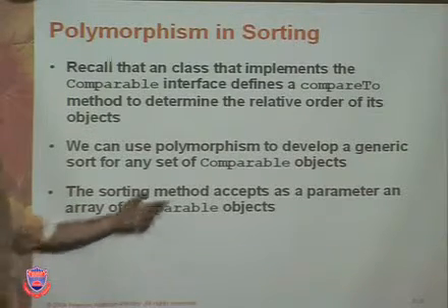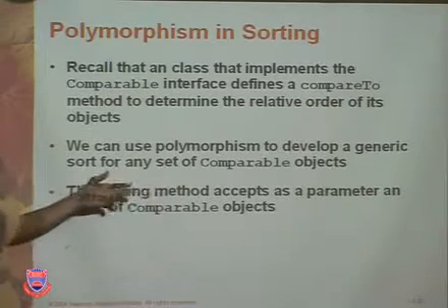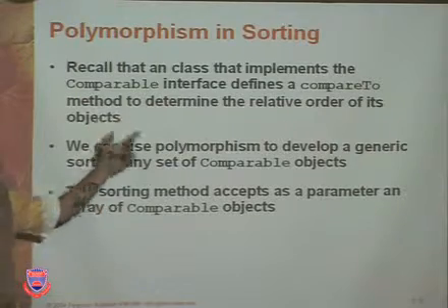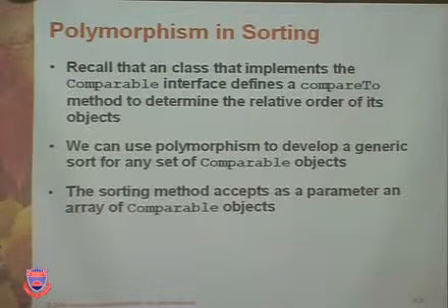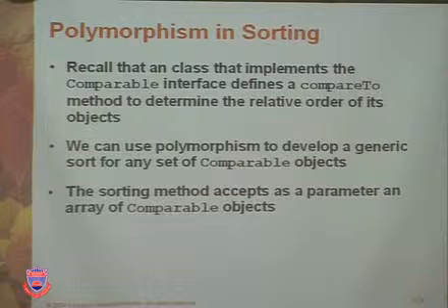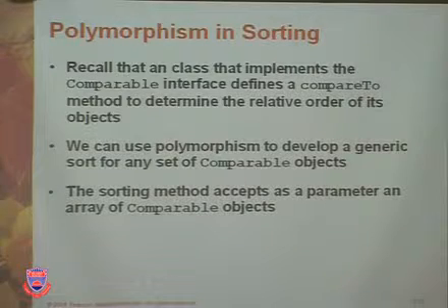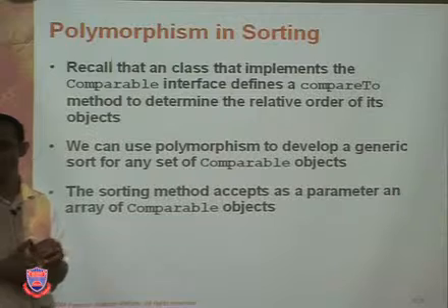So you can use polymorphism to develop a generic sorting algorithm. Once you sort Comparable objects, you can sort names, you can sort objects, you can sort cars, for example. If it is implementing the Comparable interface, then you can use that sorting algorithm for any object.